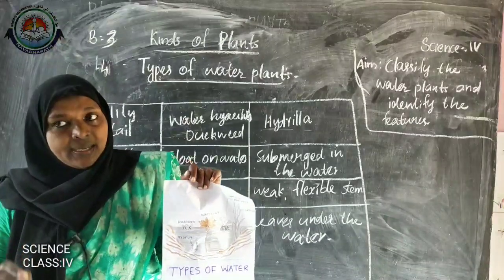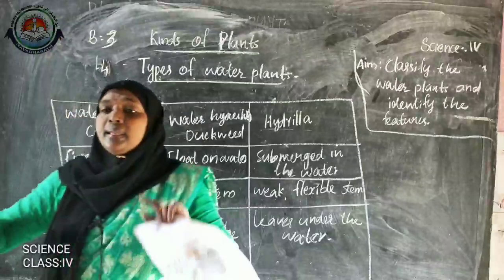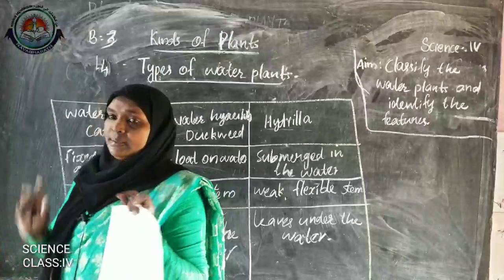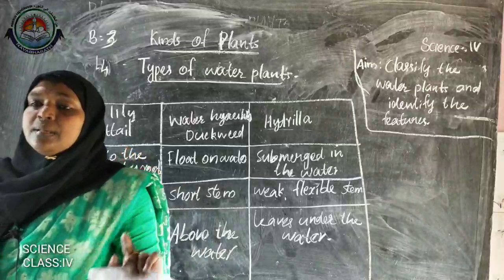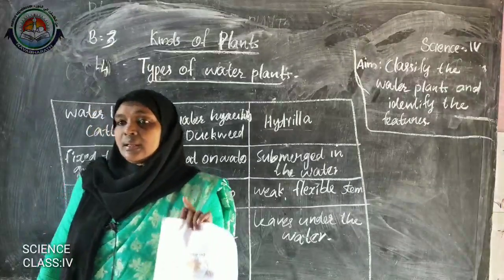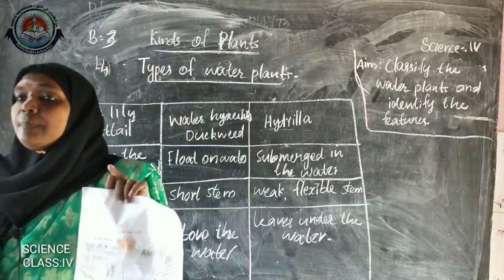Plants like hydrilla and pondweed grow completely under the water, or submerged in the water. These are called underwater plants or submerged plants.